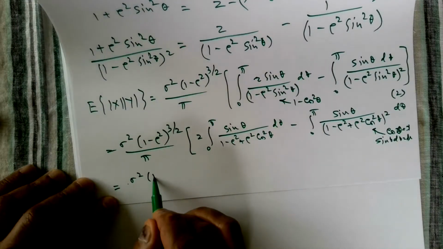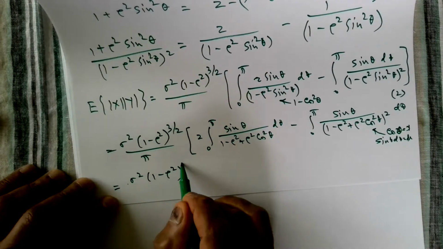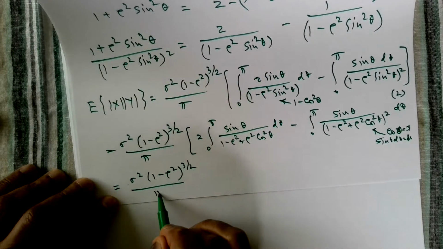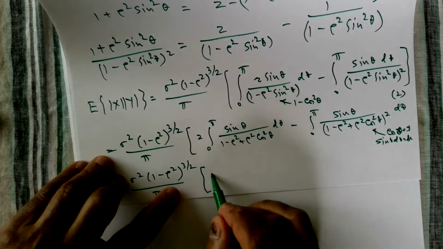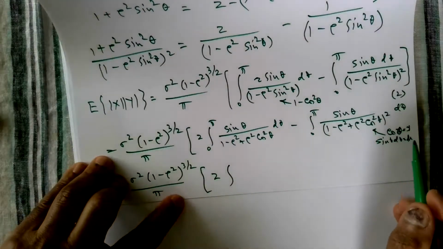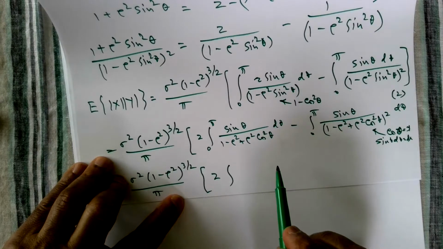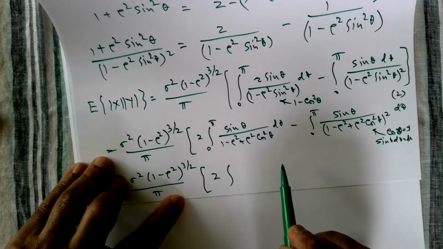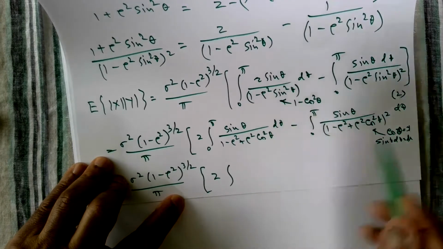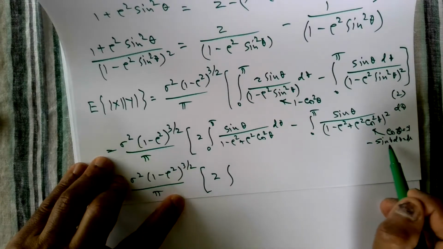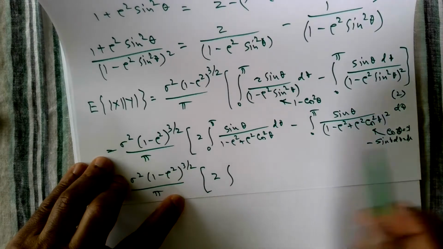sigma squared multiplied by 1 minus rho squared to the 3 by 2 over pi, integral 2 times. Look at the limits now. So cos theta equal to x, I'm sorry. So minus sine theta d theta is dx.